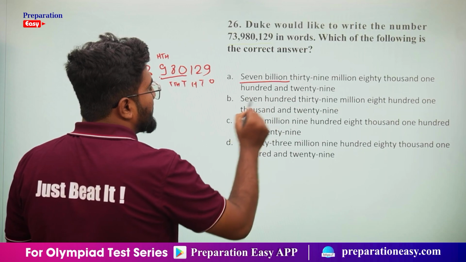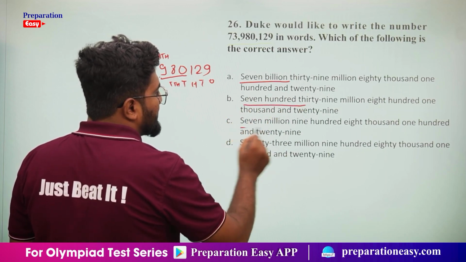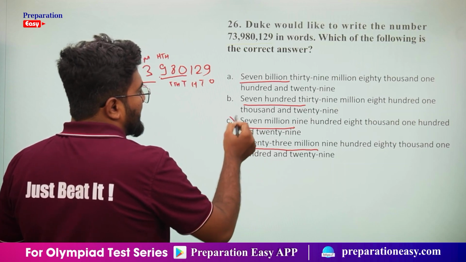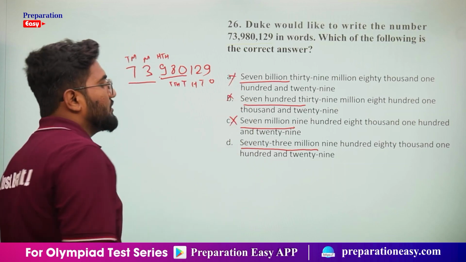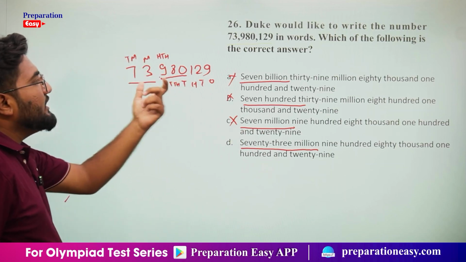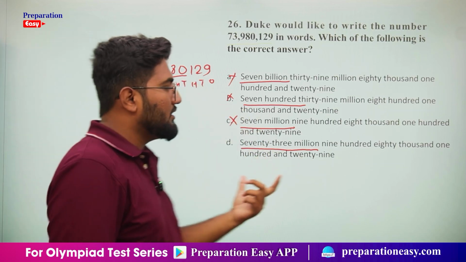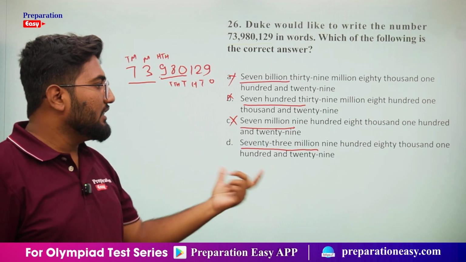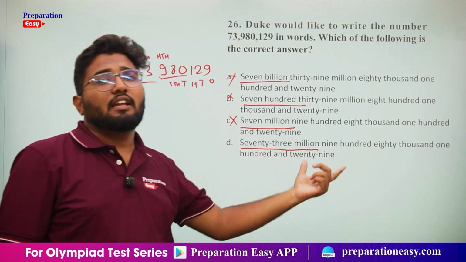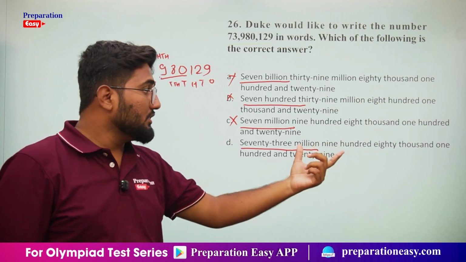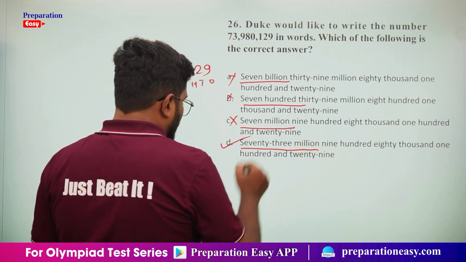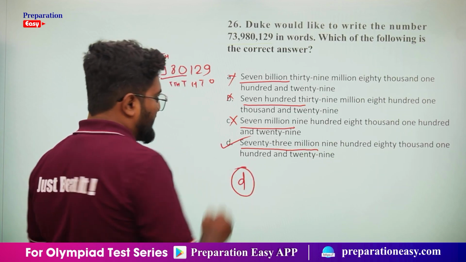This is 7 million, no. 7 million is wrong, since ours is 73 million. Okay, so our number is 73,980,129. Okay, the option is D.